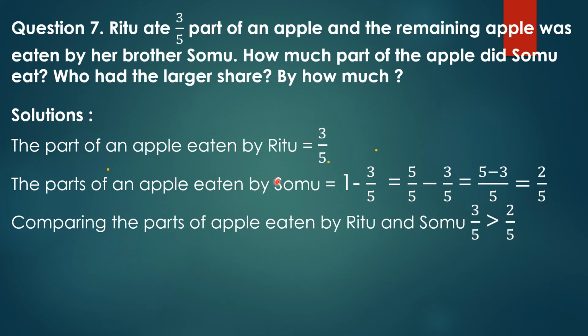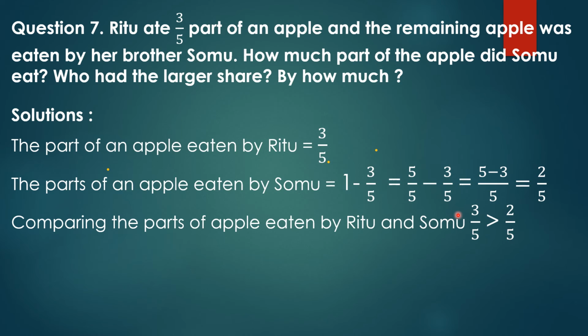Next we have to mention who had the larger share and by how much. So we have to compare these two fractions. Comparing the parts of an apple eaten by Ritu and Somu, 3 by 5 and 2 by 5, which is greater?